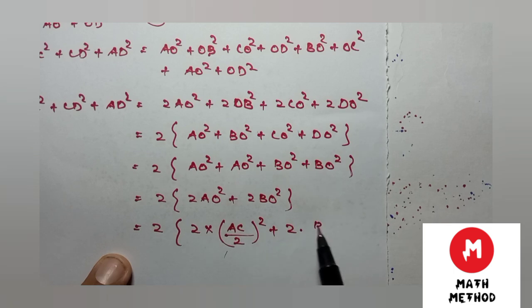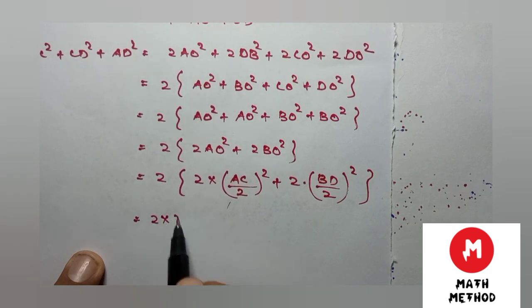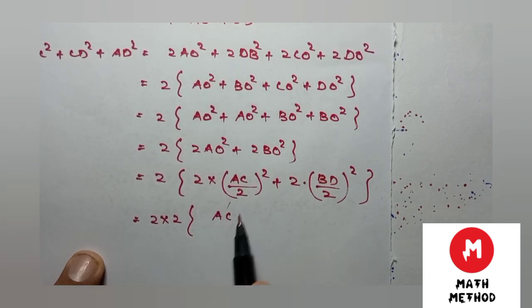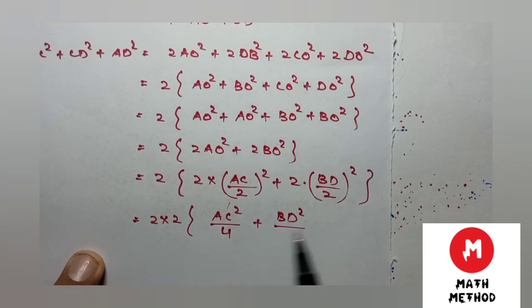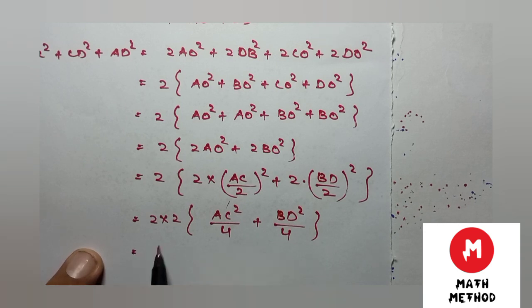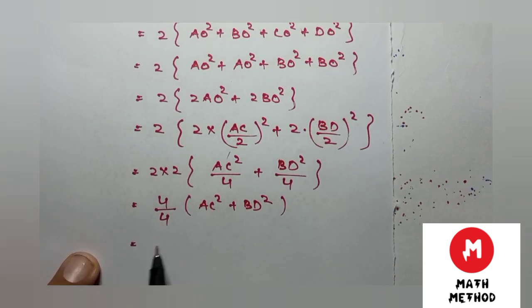So 2 into AO is AC by 2 whole square plus 2 into BO is BD by 2 whole square. Again take 2 as common, so this is 2 into 2, AC square upon 4 plus BD square upon 4. Take 1 by 4 common, so it becomes 4 by 4 into AC square plus BD square, which is AC square plus BD square.